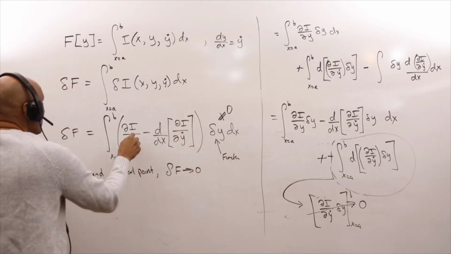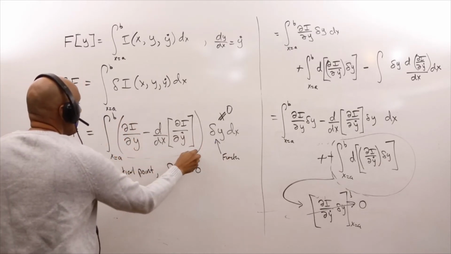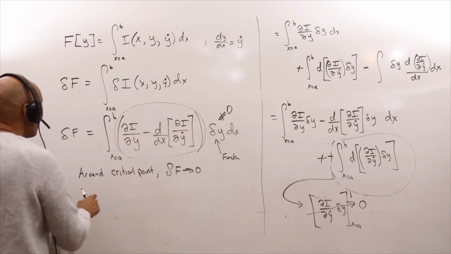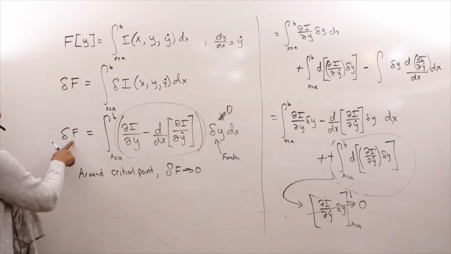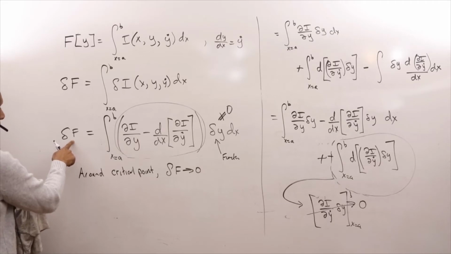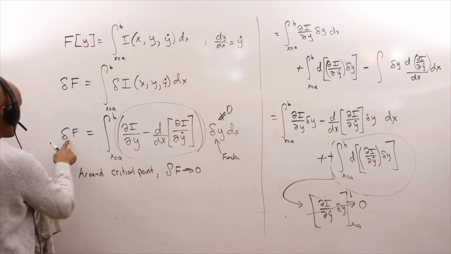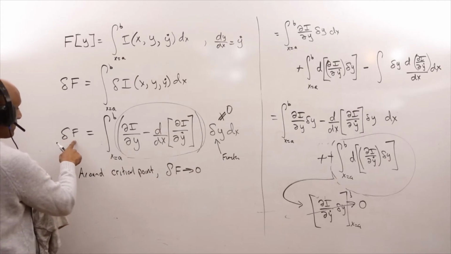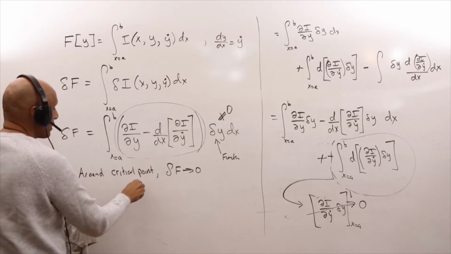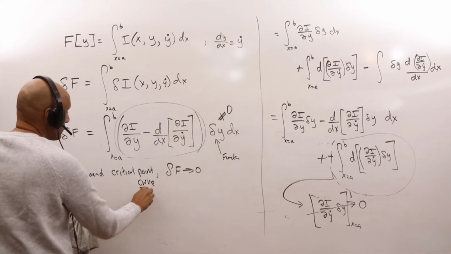The idea is that this whole term right here must be 0. So for the variation of f around some critical point to be 0, or these are not critical points. Critical curve is probably the better way of saying it.